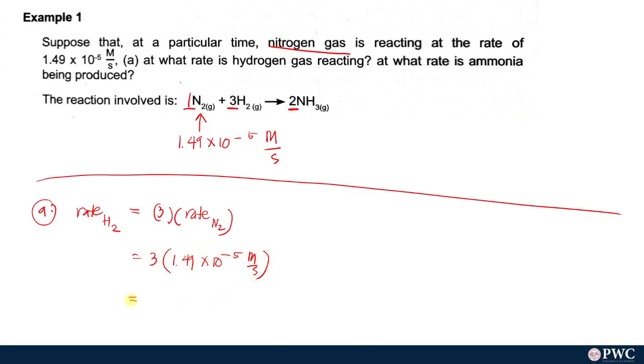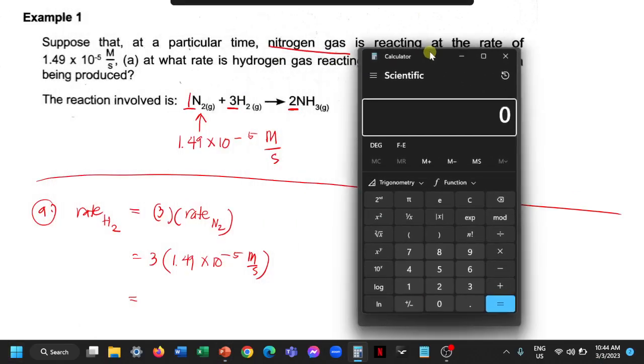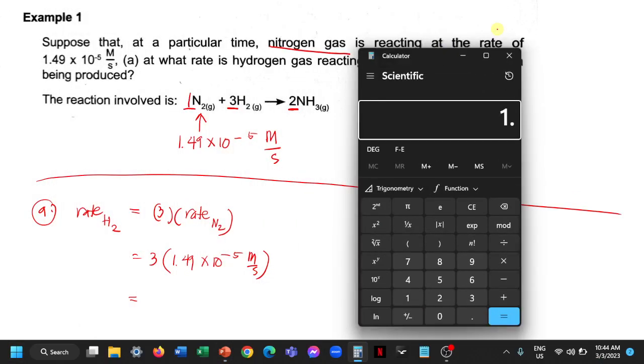And for this, we need to get our calculator. We have 1.49 times 10 to the power of negative 5 times 3.